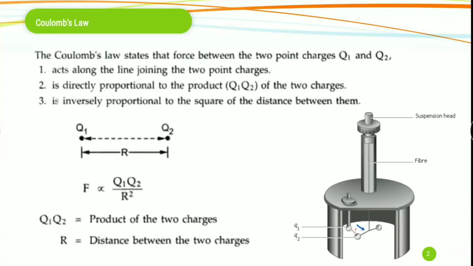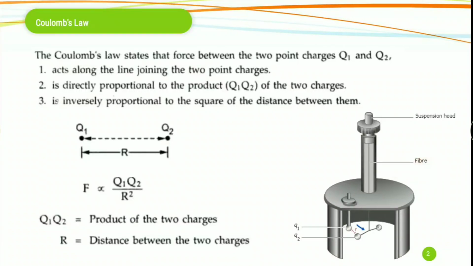So this is a figure where Coulomb did his experiment. When you observe inside the apparatus, there are two charges. Whenever there is a force of attraction or repulsion, it may be observed through this suspension head. Why? Because the Q2 charge is connected to a fiber.